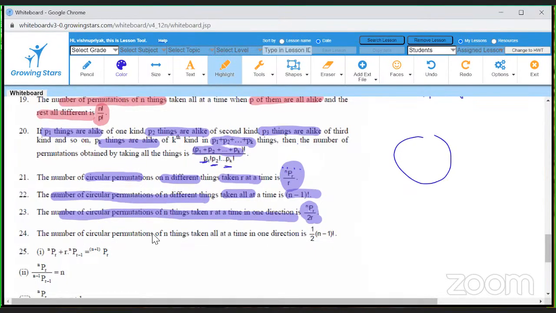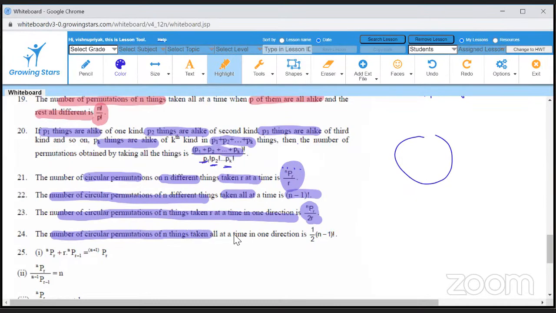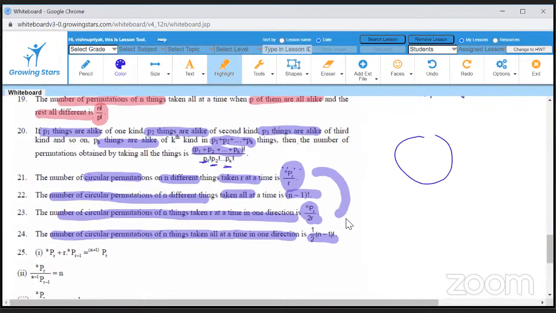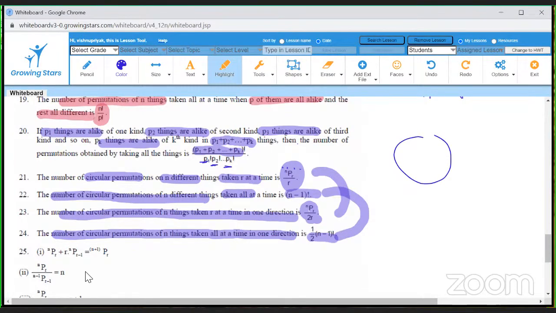The number of circular permutations of n things taken all in one direction is 1 by 2 into n minus 1 factorial. So actually, these formulas are similar, but not exactly the same.